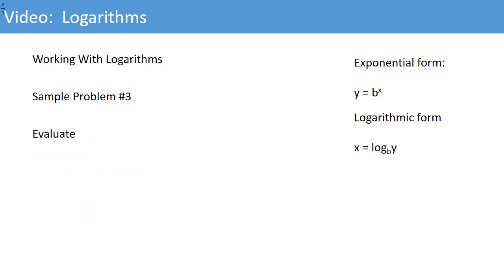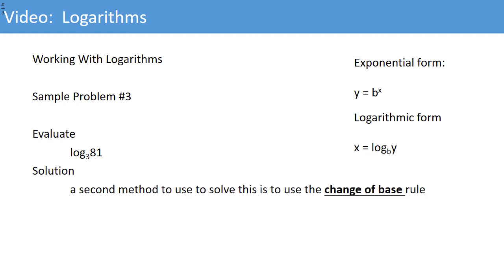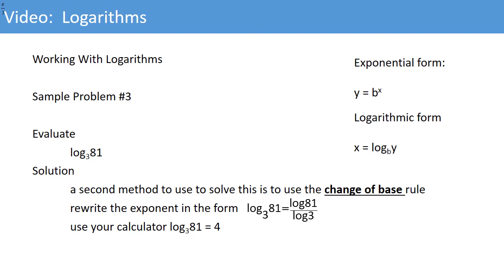Sample problem number 3. The logarithm of 81 to the base 3. Solution. A second method that we could use to solve this is the change of base rule. What is that, you ask? Rewrite the expression so the logarithm of 81 to the base 3 is equal to the logarithm of 81 divided by the logarithm of 3.